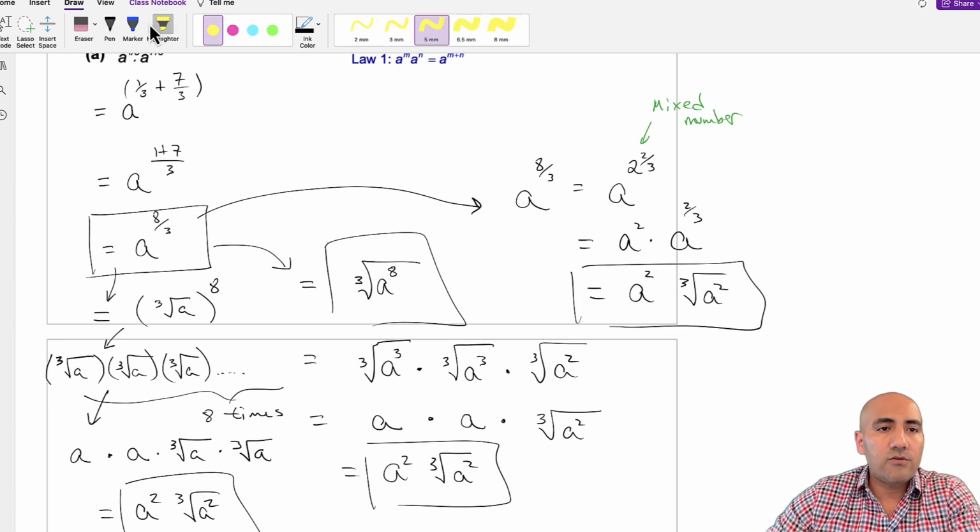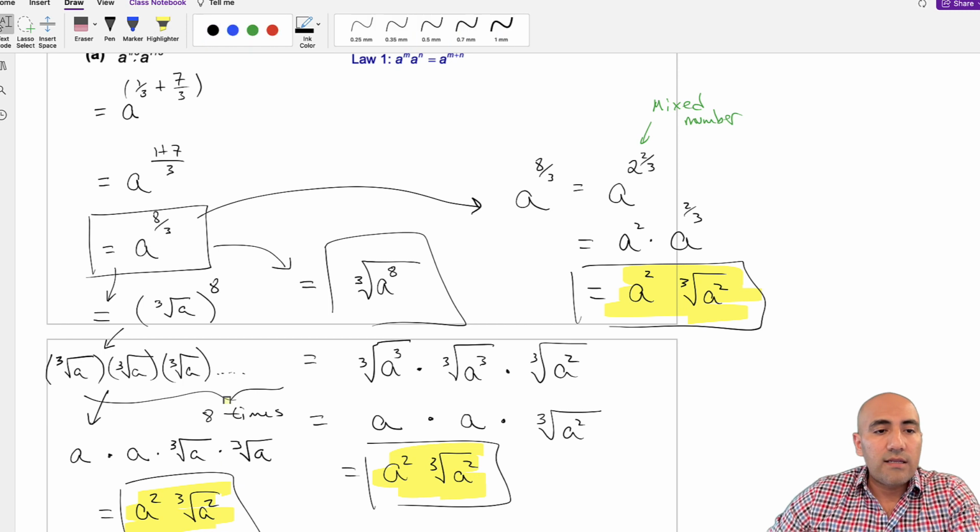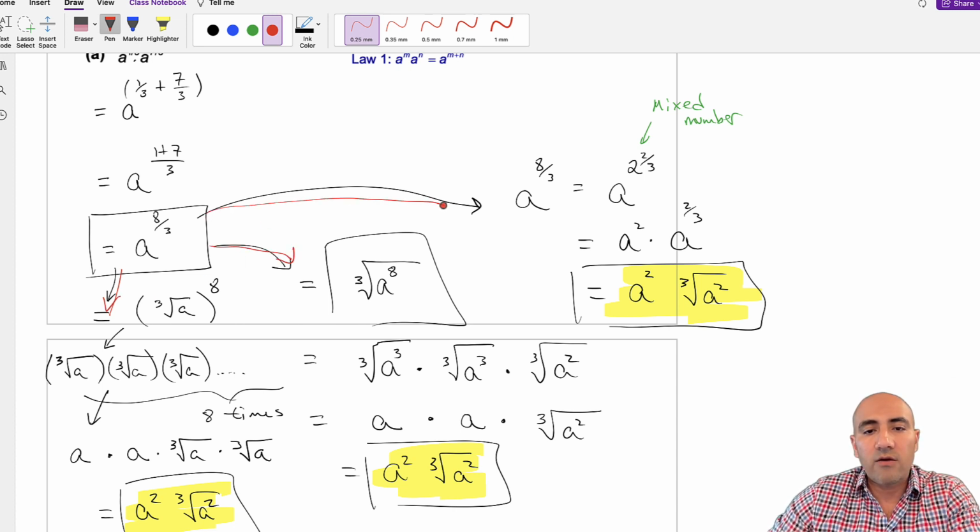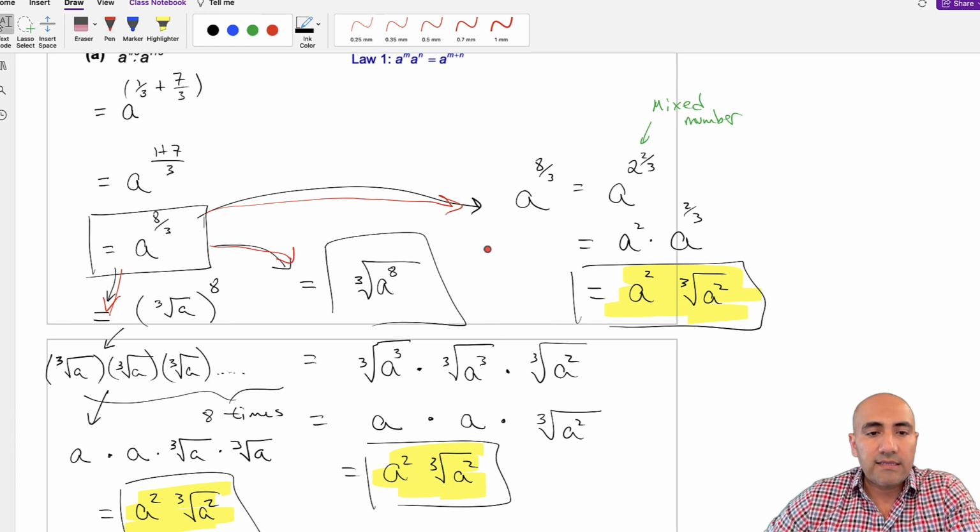So any way you slice it, we end up with the same answer there, or there, or there, depending on which path you take. All paths lead to the same thing. Some paths sometimes are a little easier than others, depending on what you're working with, but they all give you the same thing at the end of the day.